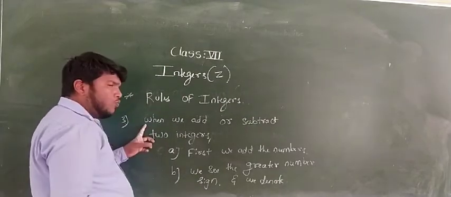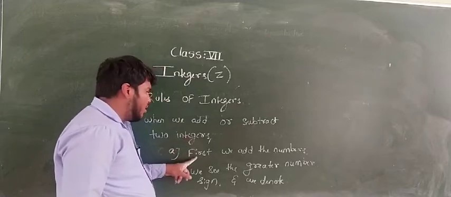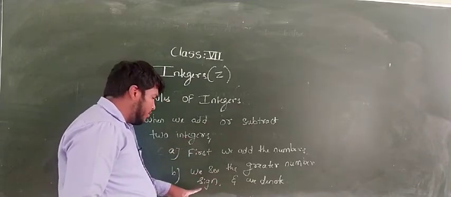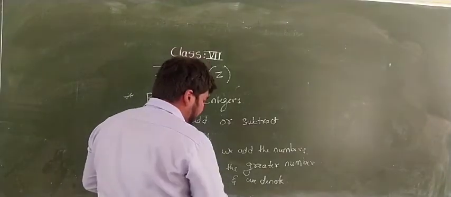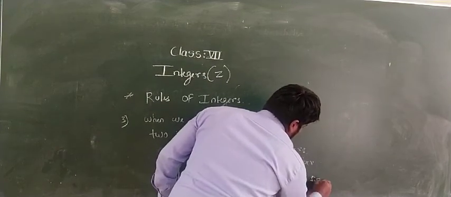In the third rule there are 2 points. When we add or subtract two integers, first we add the numbers. We see the greater number's sign and we denote that sign. What do we mean by this?